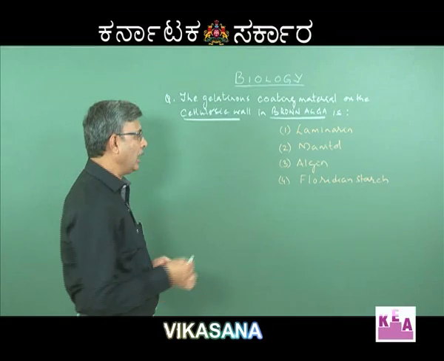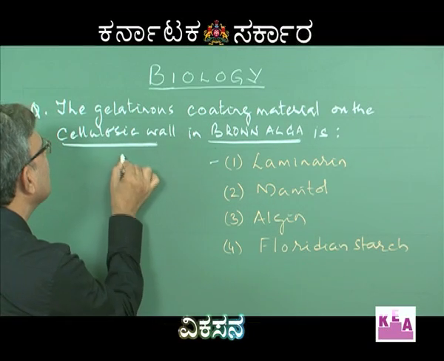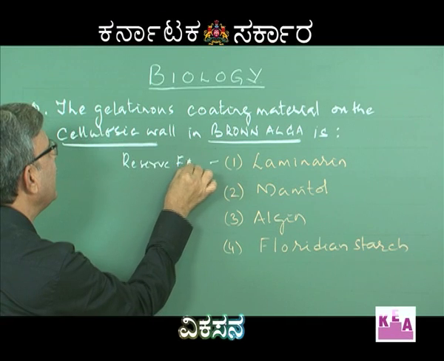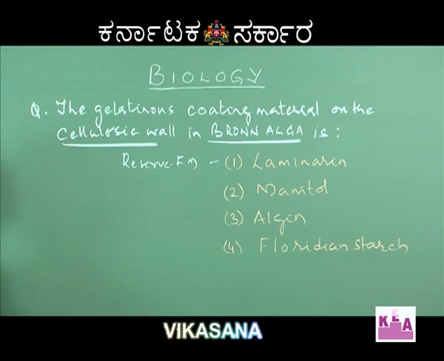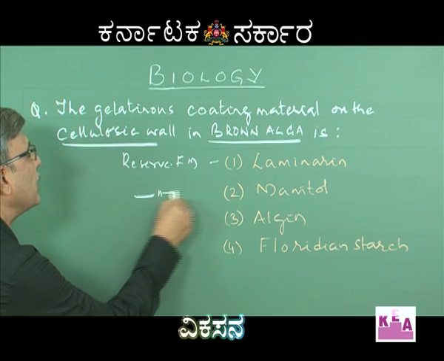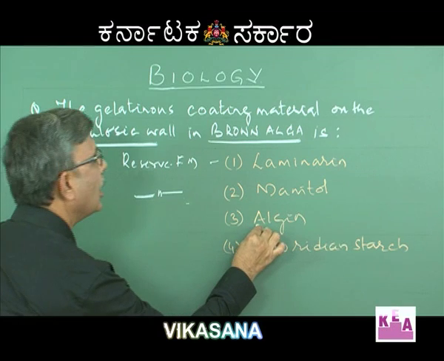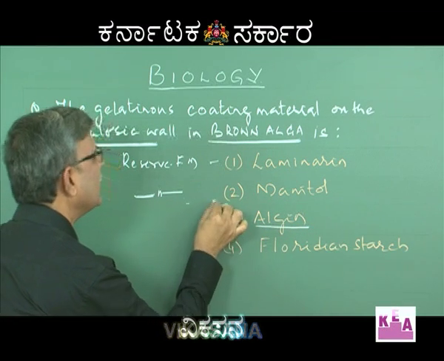I hope all of you know laminarin is reserve food material of Phaeophycean members, that is brown algae. Mannitol is also reserve food material. On the cellulosic wall, the gelatinous covering what we find is algin. Thereby, it must be the answer.